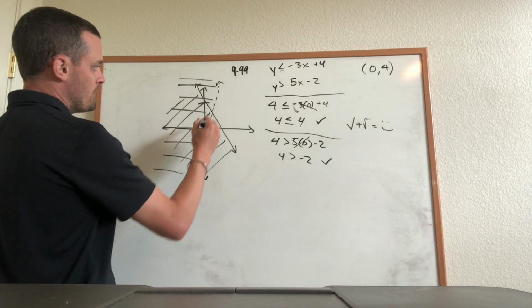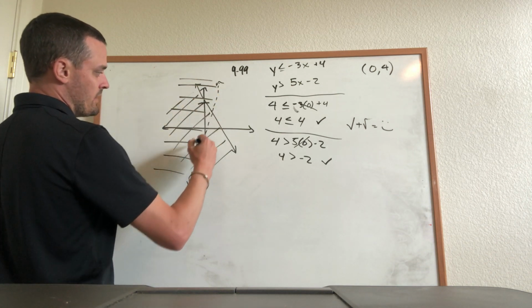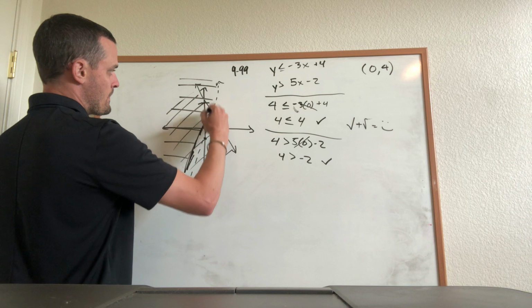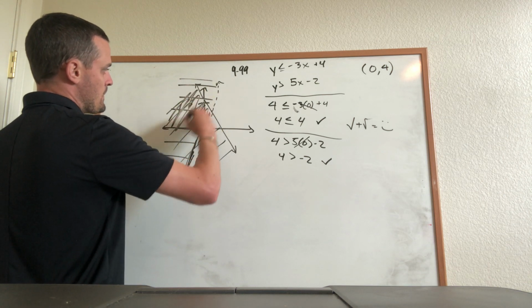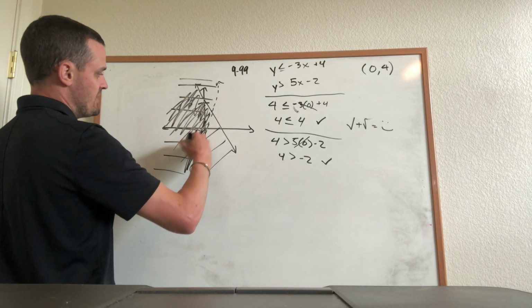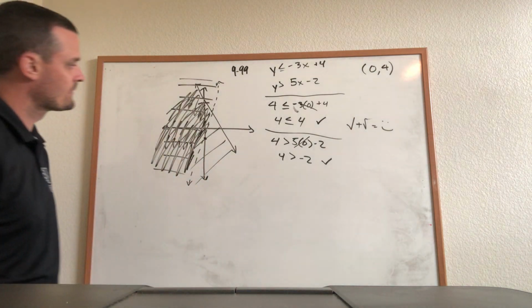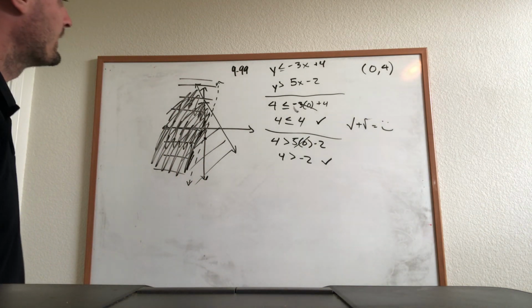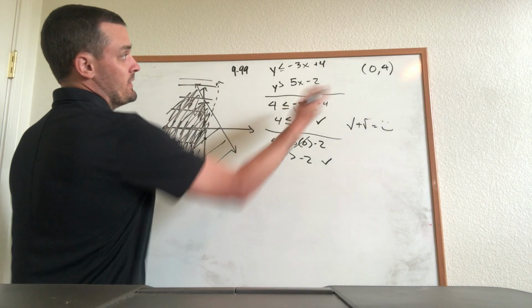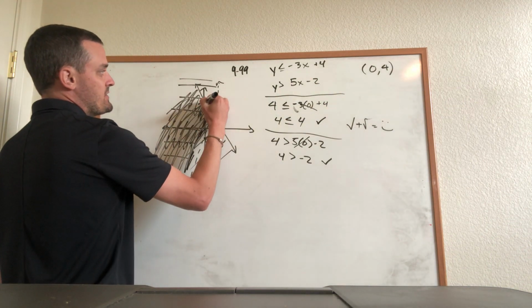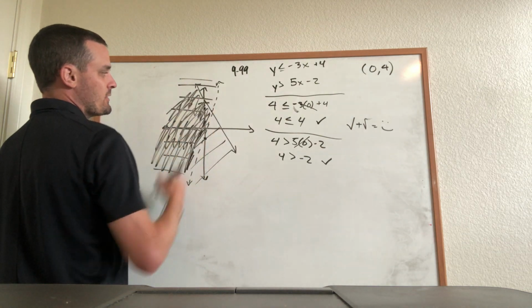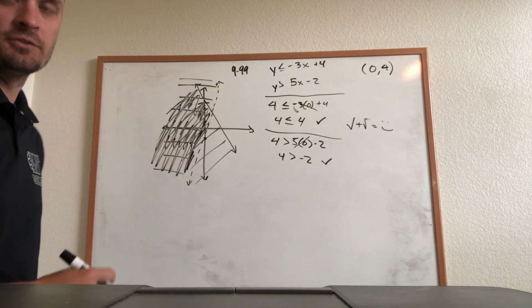It gets hard to tell, but where they overlap is in this region here. Looks kind of funky, but is (0, 4) in that region? Well, this was (0, 5) right here, so (0, 4) should be right there. So yes, it falls in the shaded region.